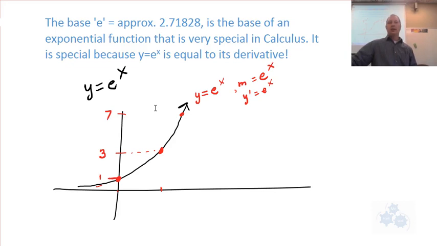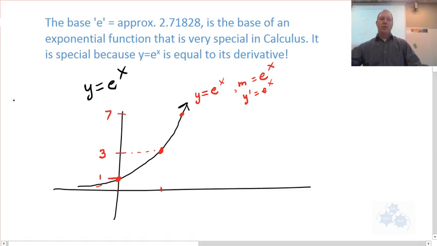It's special because y equals e to the x is equal to its own derivative. So when you take the derivative of e to the power of x, that is y prime of e to the x is e to the x. They're the exact same. Okay?